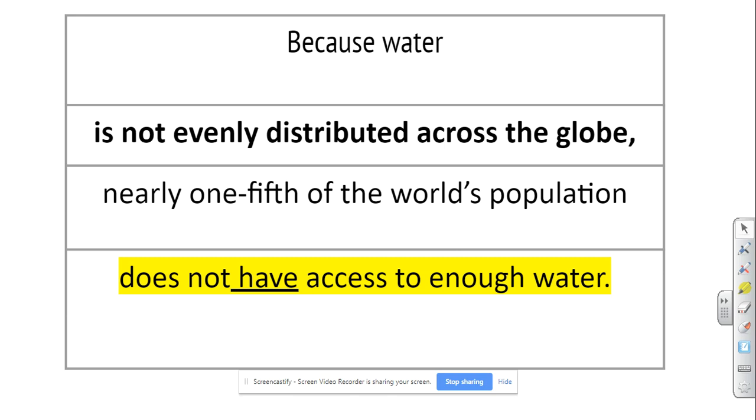Our goal today was to look at the function of verbs. Have is the verb in this chunk, describing an action or a state of being. When you go back to your worksheet where you list verbs, have would be one of those verbs that you could list.